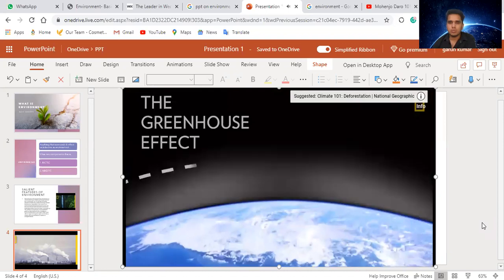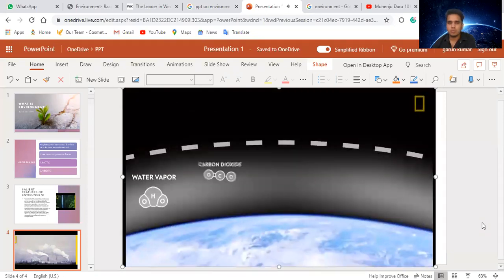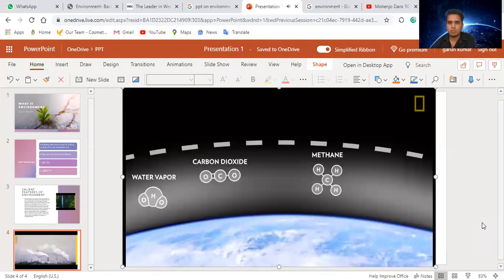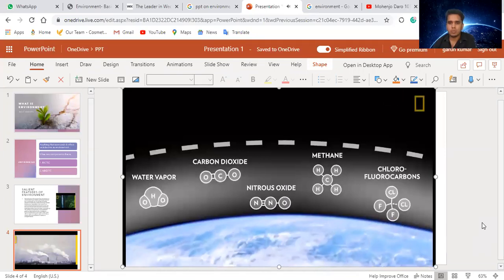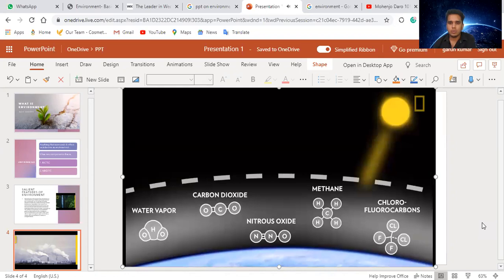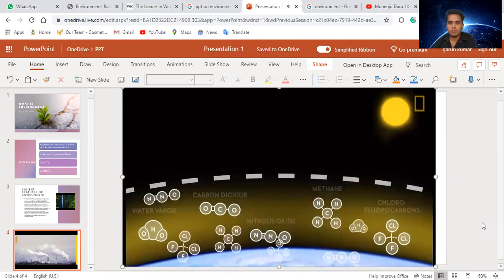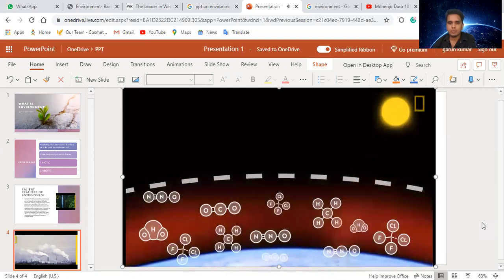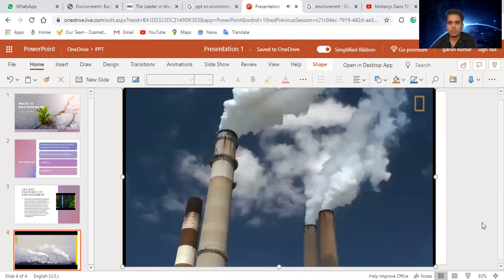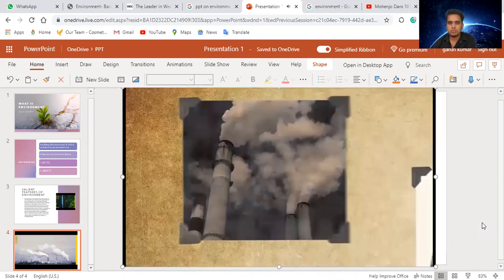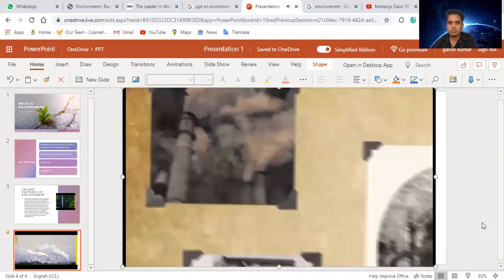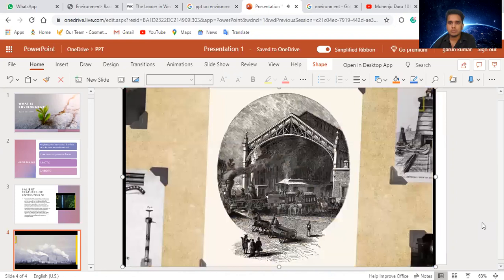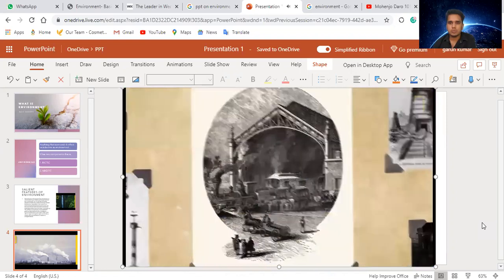Gases in the atmosphere, such as water vapor, carbon dioxide, methane, nitrous oxide, and chlorofluorocarbons, let the sun's light in, but keep some of the heat from escaping, like the glass walls of a greenhouse. The more greenhouse gases in the atmosphere, the more heat gets trapped, strengthening the greenhouse effect and increasing the Earth's temperature. Human activities, like the burning of fossil fuels, have increased the amount of CO2 in the atmosphere by more than a third since the Industrial Revolution.